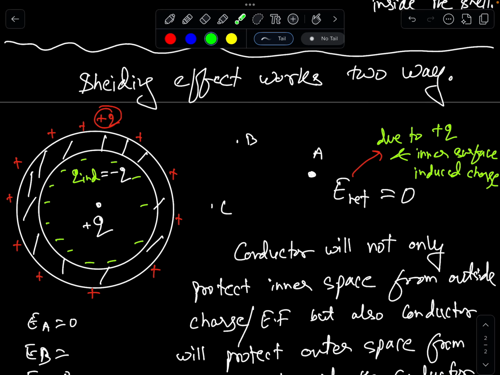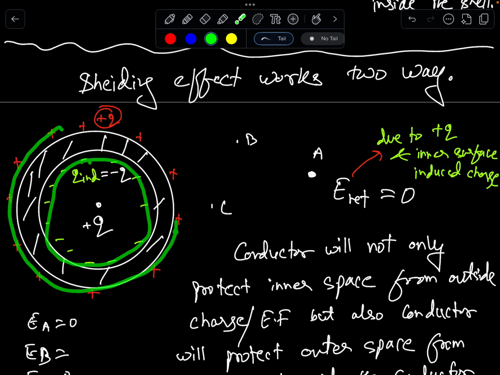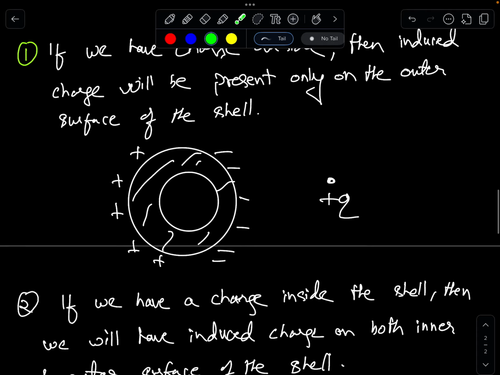If I have a charge plus q here, I will have an induced charge on the inner surface as well as on the outer surface.